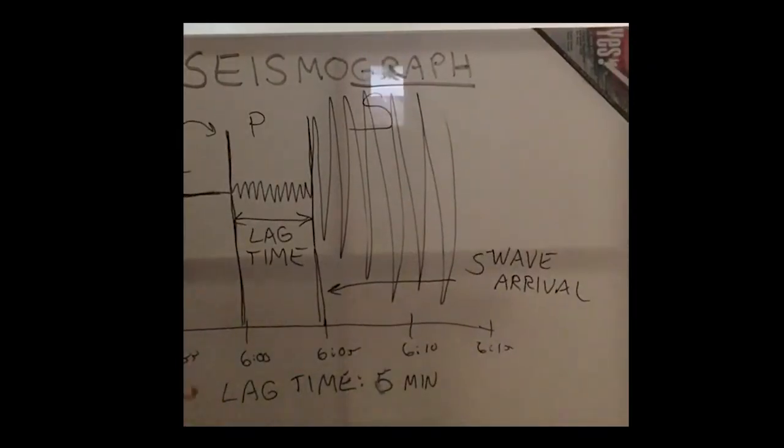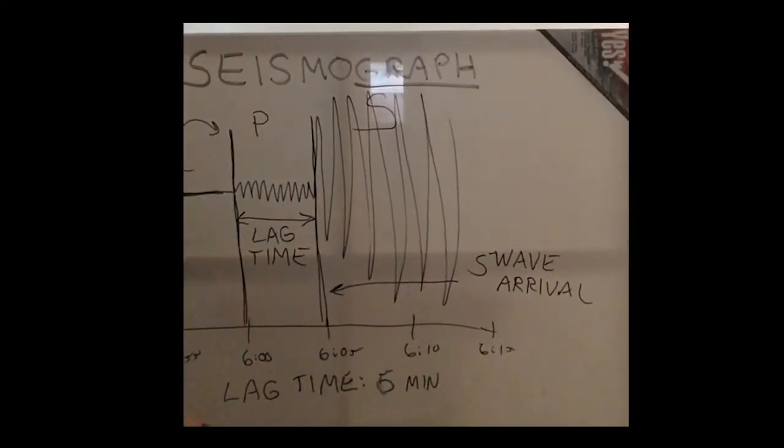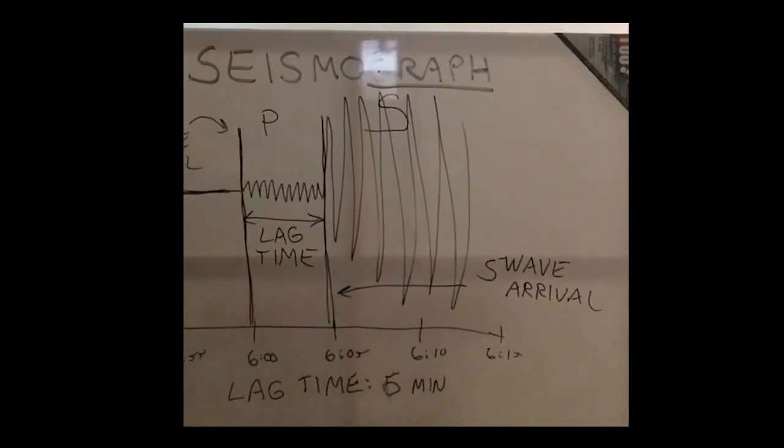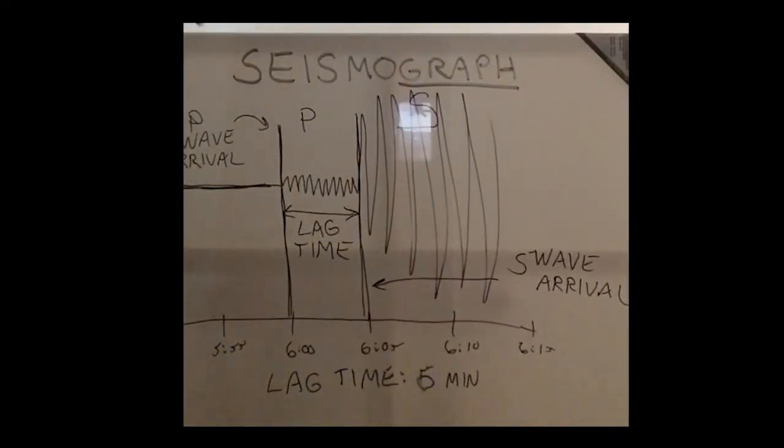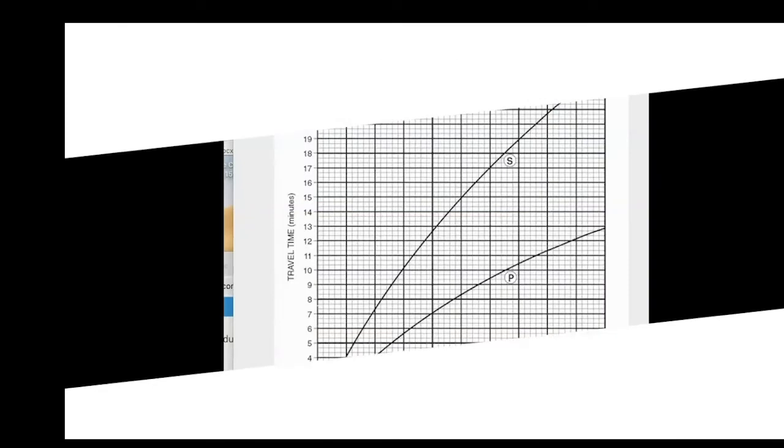We're going to take that information now and figure out the distance we are from the epicenter. Remember, the epicenter is above the center. So we're going to try to figure out where this earthquake is located by using an S wave and P wave time graph. Our lag time is 5 minutes.